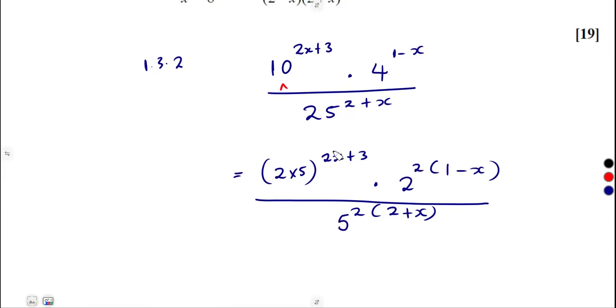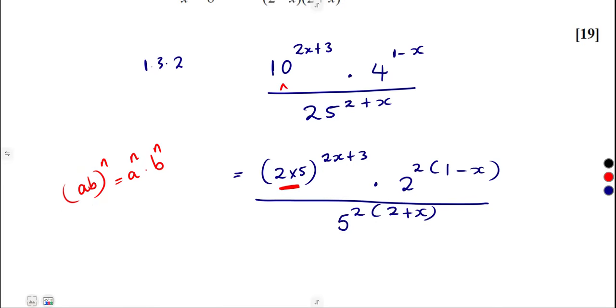Now that we have got these, there are laws now to be used. You look for the laws. Let's start with the first one. A single bracket raised to a certain power. How can we simplify such? Remember, ab raised to the exponent of n is same as a to the exponent of n times b to the exponent of n. Everything will be raised to the given exponent.